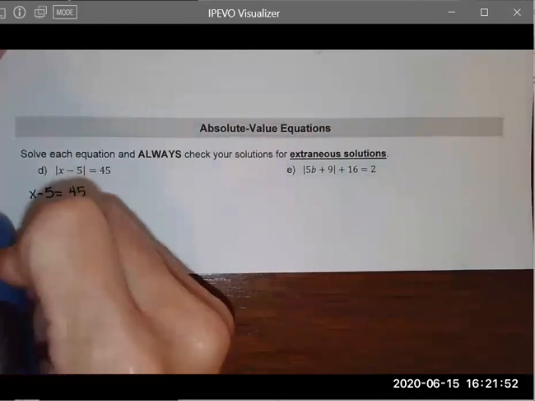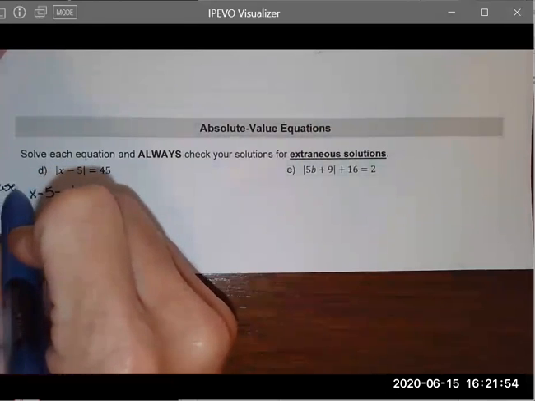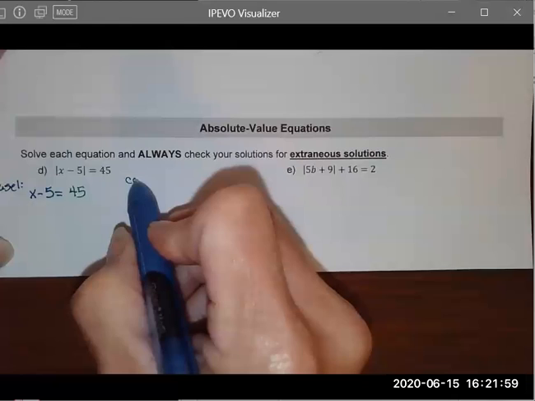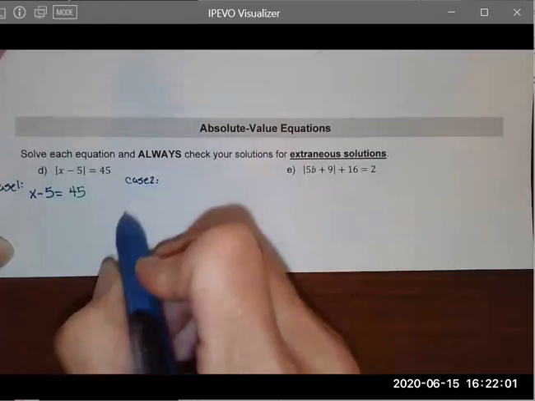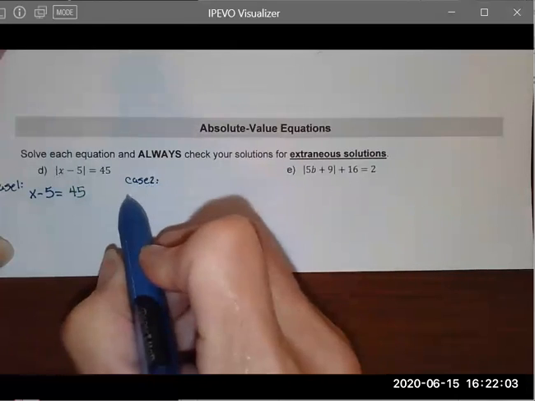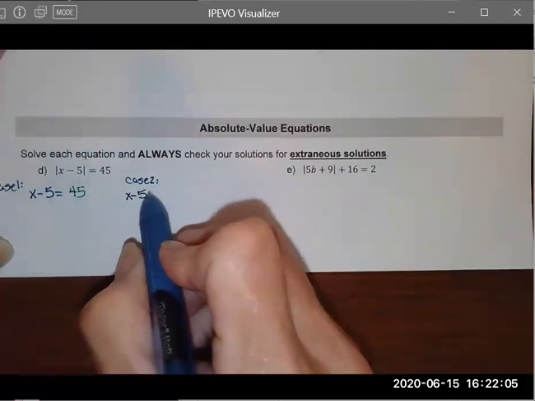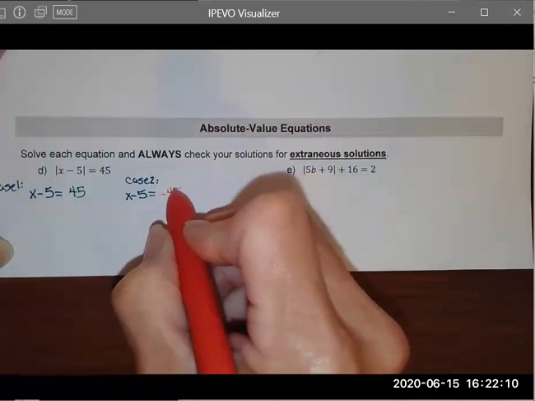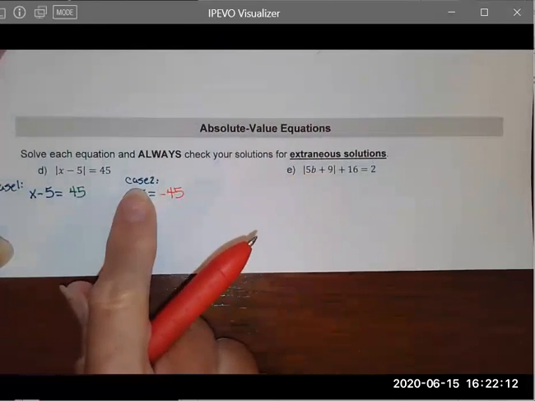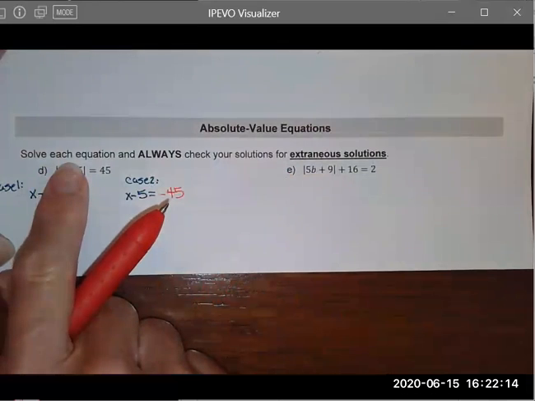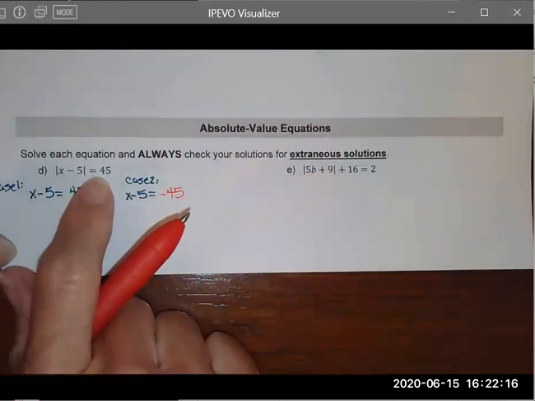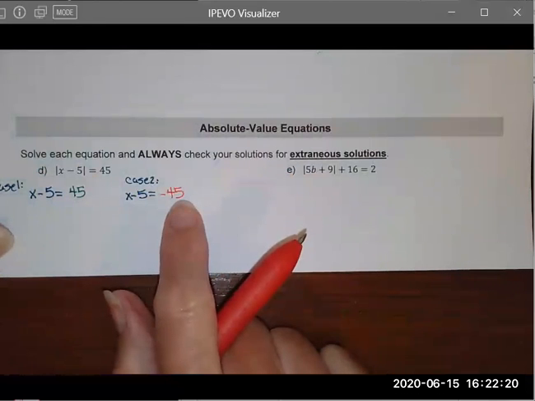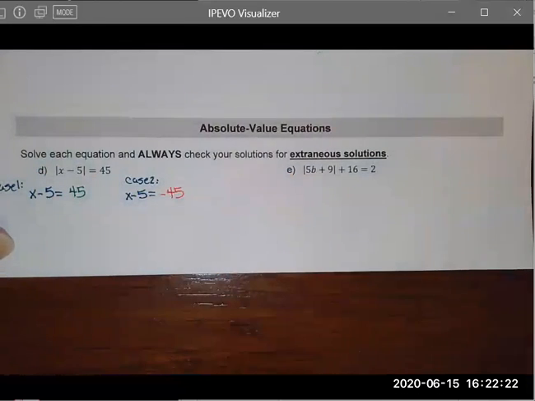So this would be case 1, right? And then our second case, I'll put this over here, case 2, is the same absolute value, but this time we are going to set it equal to -45, because whatever's inside the absolute value has to be 45 units away from zero, and both 45 and -45 meet that criteria.